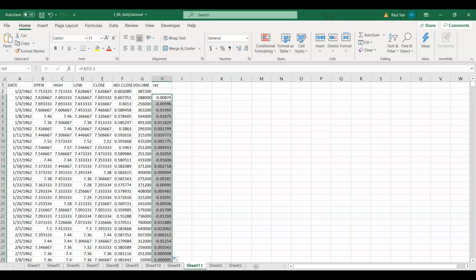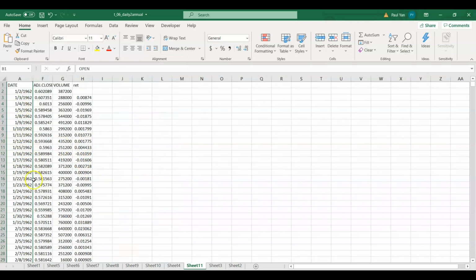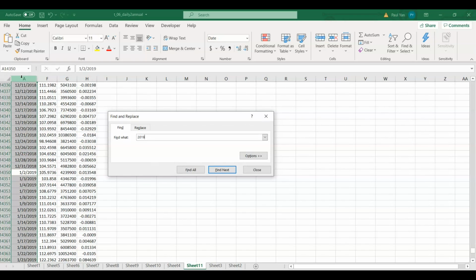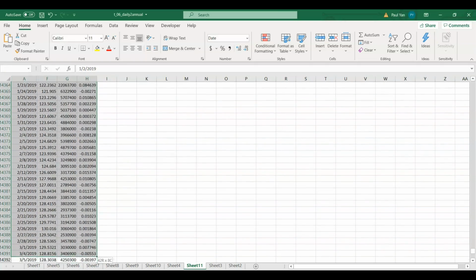Suppose we are only interested in one year, so let's hide all this. We are only interested in 2019. So let's go to Control F, 2019. So this is our data set.